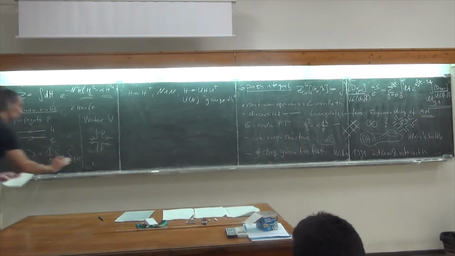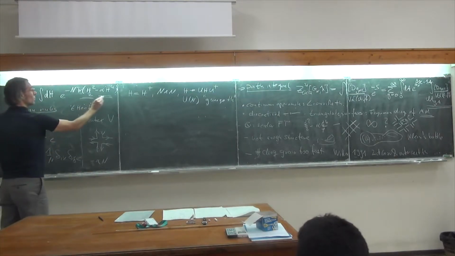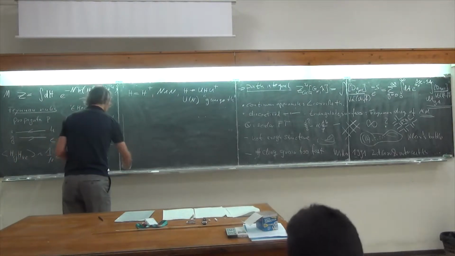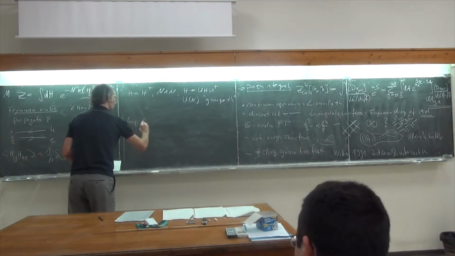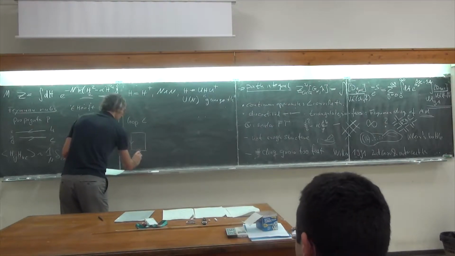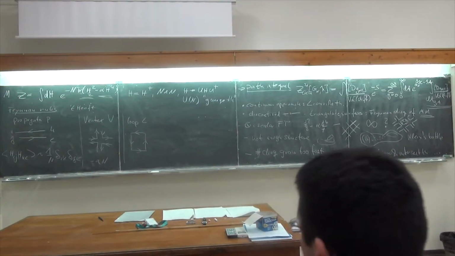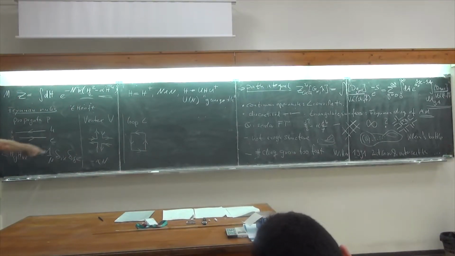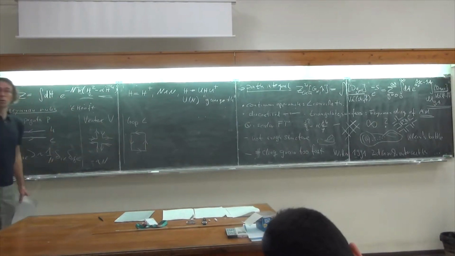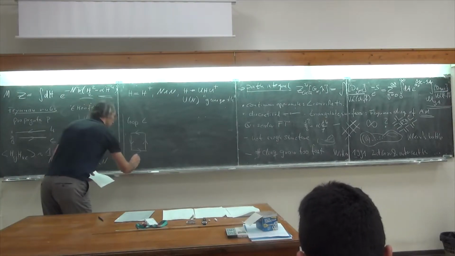And for a vertex, we get a factor minus alpha N from here. And then we still have loops. Let's call it L. And whenever we have a loop, what does that mean? Well, that means that we contract all the indices that run around in this loop, okay? And that means we sum over the indices, and the indices run from 1 to N, so we get a factor of N.